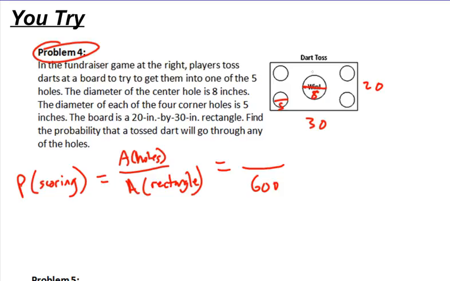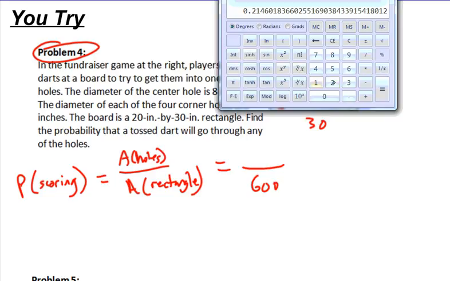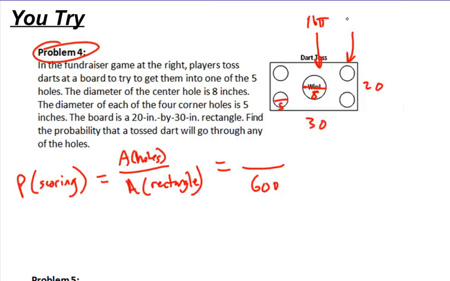The area would be pi r squared. So we have 4 squared, which would be 16 pi. And each of the others would be half of that, so it would be 2.5 times 2.5, 2.5 squared. You get 6.25, so each of those would be 6.25 pi.